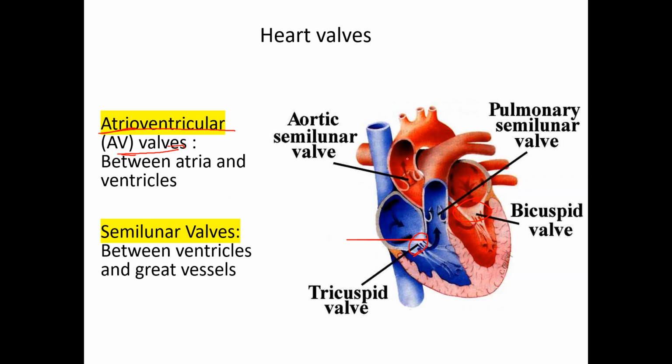And then there are valves that regulate the directionality of the blood flow. Here in the aorta, the huge aorta that makes the arch, is the aortic semilunar valve.